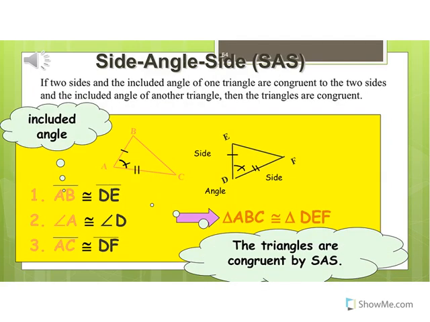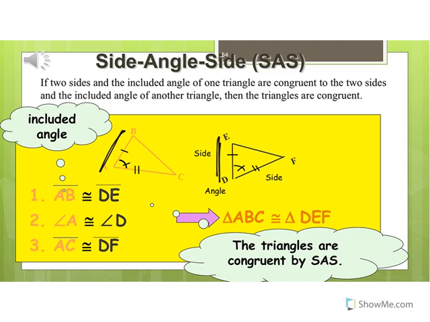Okay, and here's the theorem for side angle side. If 2 sides and the included angle of one triangle are congruent to 2 sides and the included angle of another triangle, then the triangles are congruent. Okay, so here we say that AB is congruent to segment DE. So this is AB and DE.